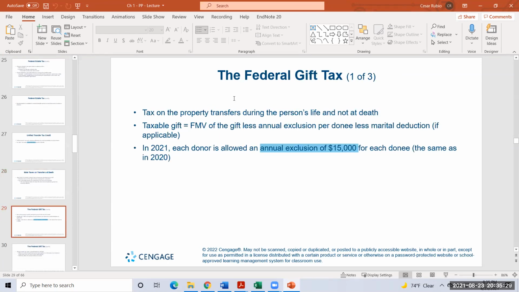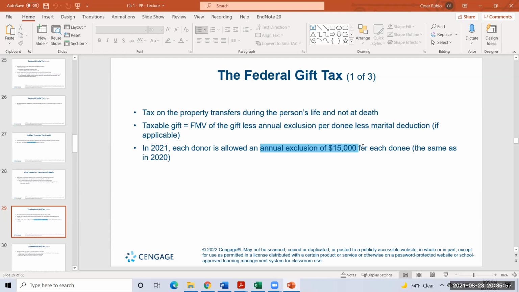Here's the federal gift tax. So you may want to go ahead and read on that. But roughly, if you don't want any of your gifts to be taxed, and this is you giving the gift, not you receiving the gift, so keep that in mind. If you're giving a gift and you don't want any of that to be taxed, by tax law you are allowed to exclude 15,000.